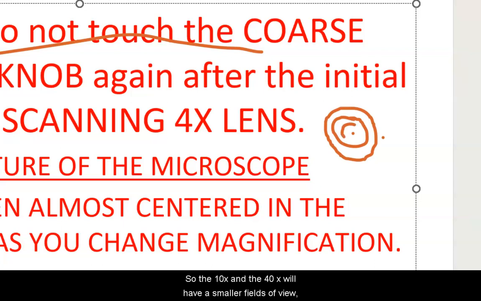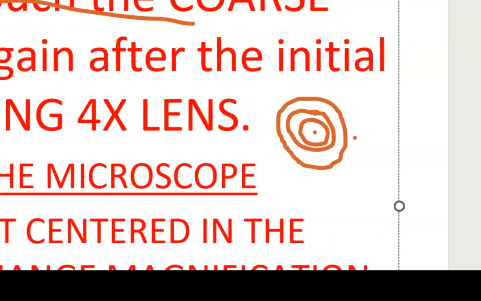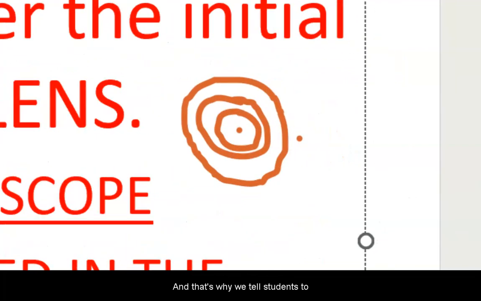So the 10x and the 40x will have smaller fields of view, but notice that the center remains the same. And that's why we tell students to always move the specimens to the center of the field of view.